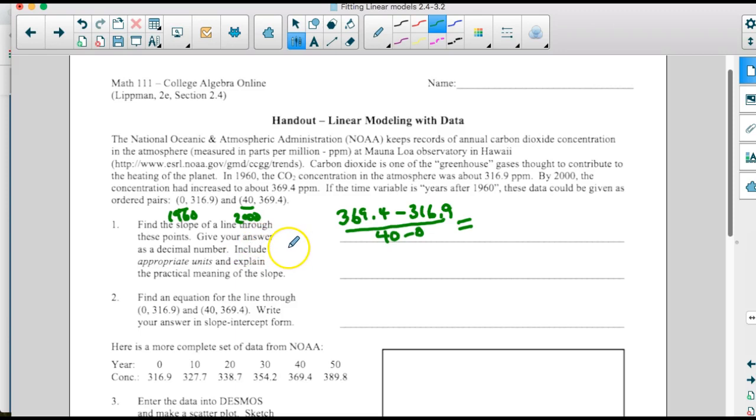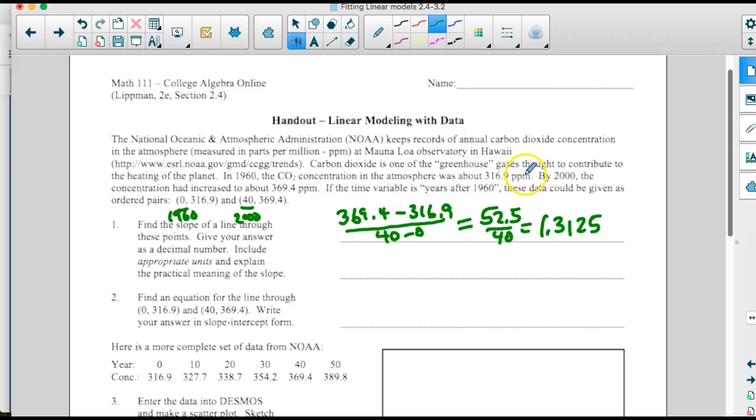So let's figure that out. 369.4 minus 316.9, that's going to be 52.5. 52.5 over 40. So if we divide that by 40, we get 1.3125.